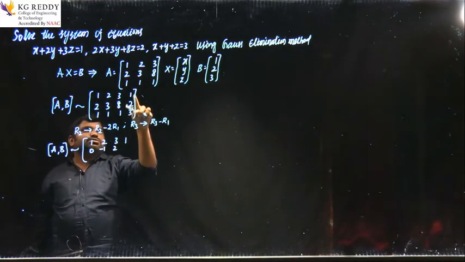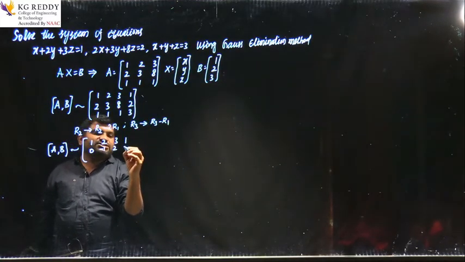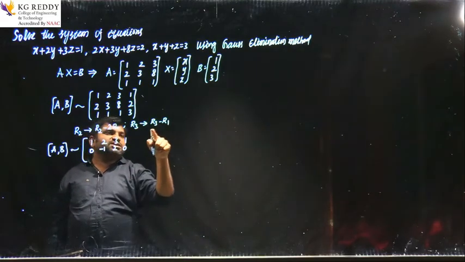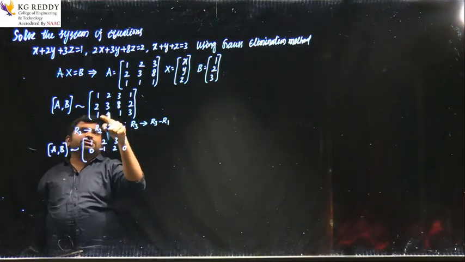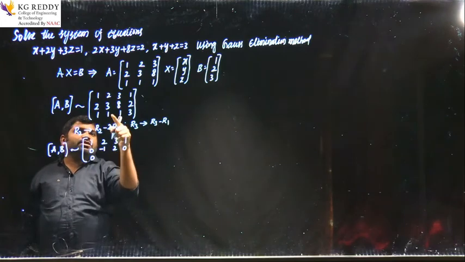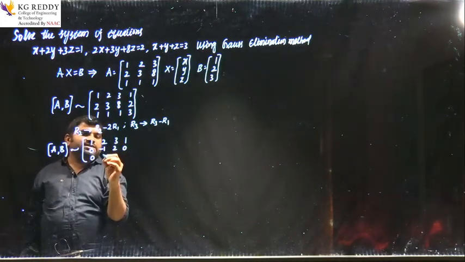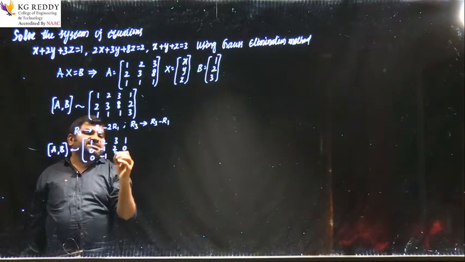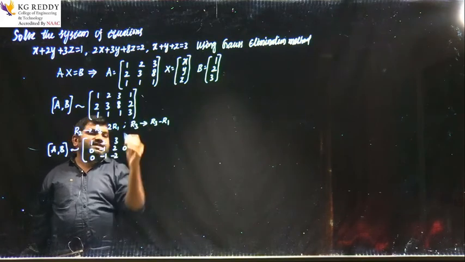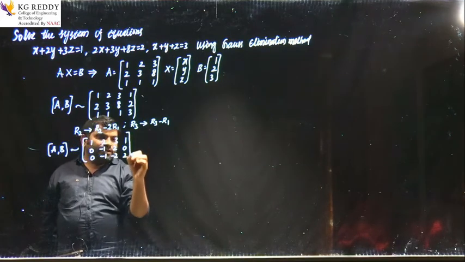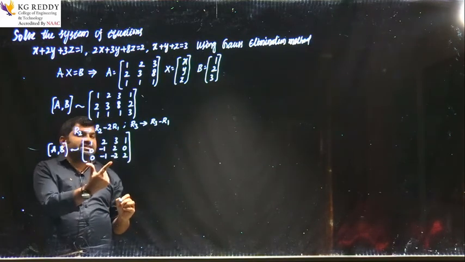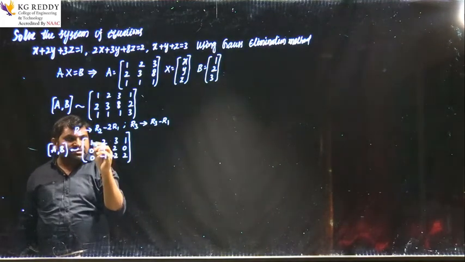Next 2 minus 2, 2 minus 2 means 0. Come to the third one, R3 minus R1. So 1 minus 1, 0, 1 minus 2, it is minus 1, 1 minus 3, minus 2, 3 minus 1, 2. Now we got the reduced matrix, and the first column is completed.